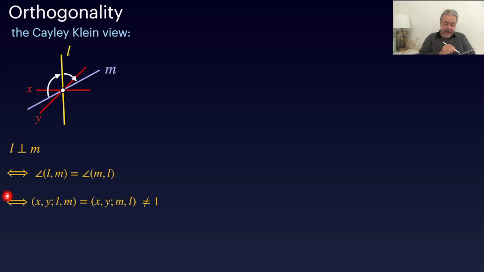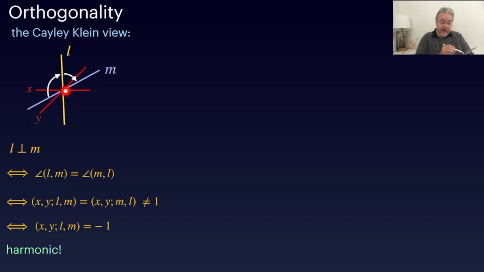So we are asking for a number not equal to 1 with the property that it is its own reciprocal, and there is only one such number, which is the -1, which means that geometrically these lines here are in an harmonic position. So you get a completely geometric characterization of orthogonality in the following way.